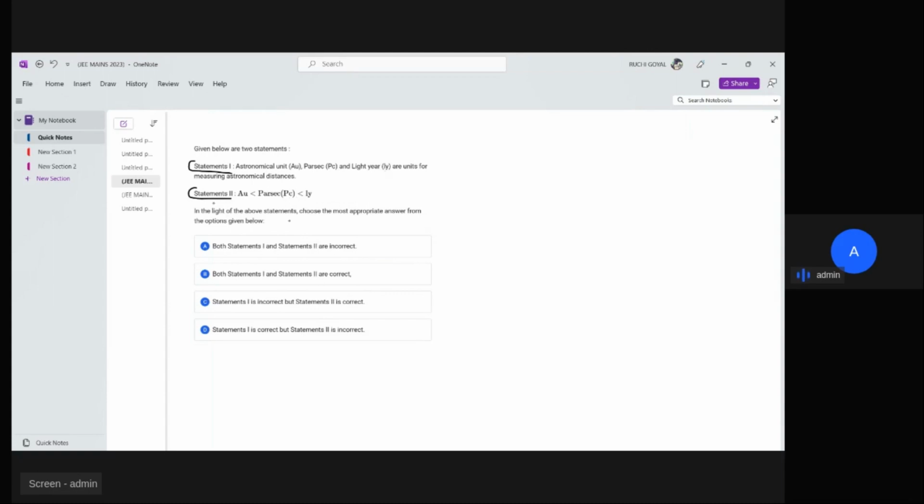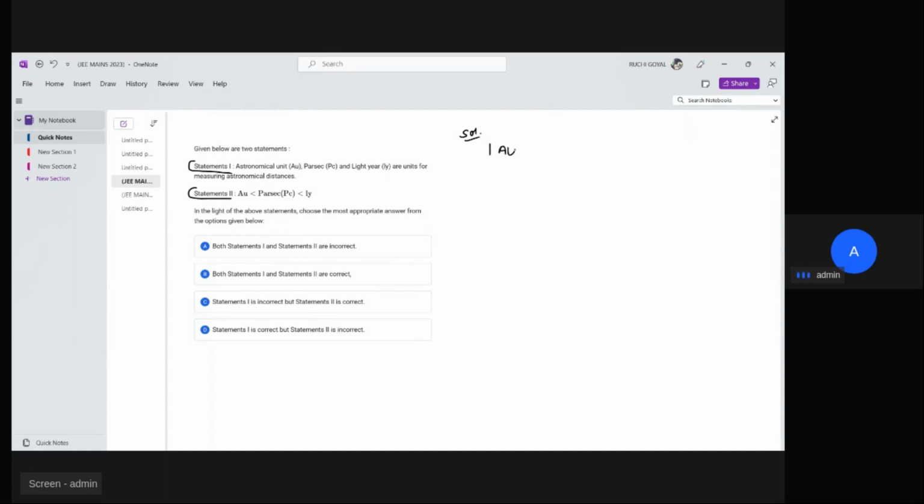In the light of the above statements, choose the most appropriate answer from the options given below. Firstly, we can write what these units are.